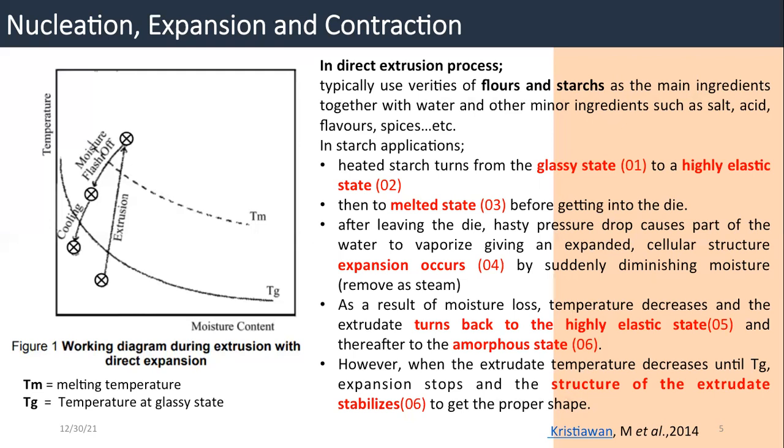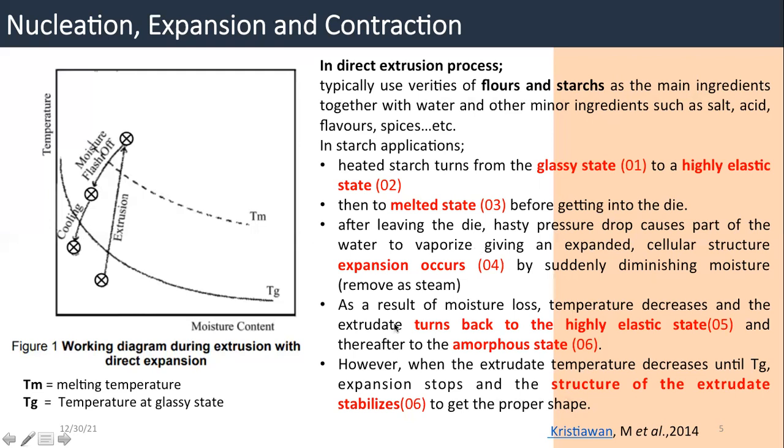We have discussed that water molecules absorb the energy in this product. As a result of that, energy may decrease. Energy decrease means temperature again decreases, right? Now you can see what happened here. From here to here, temperature is decreasing, and moisture loss is there. Moisture will evaporate as steam.